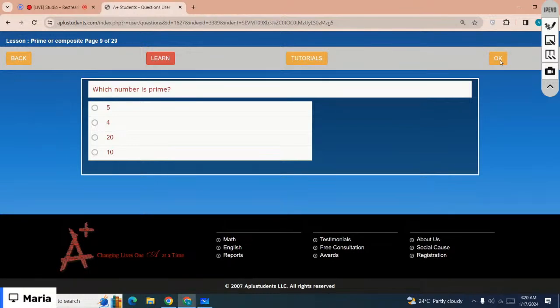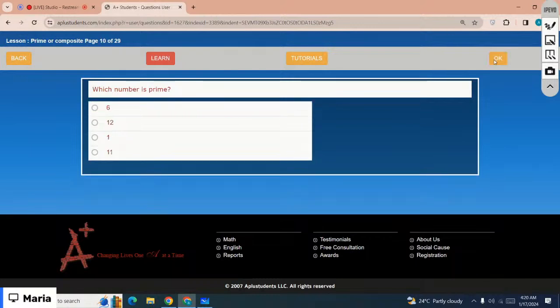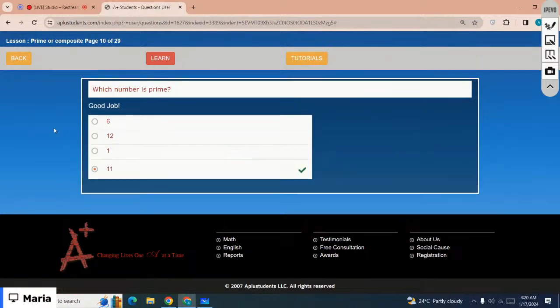Be careful, right? Yes, 5 is the prime number. Which number is prime? 6, 12, 1, and 11. 11 it is. Very good.